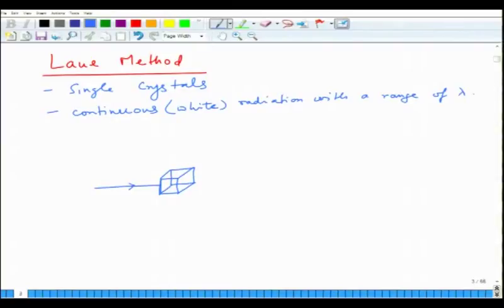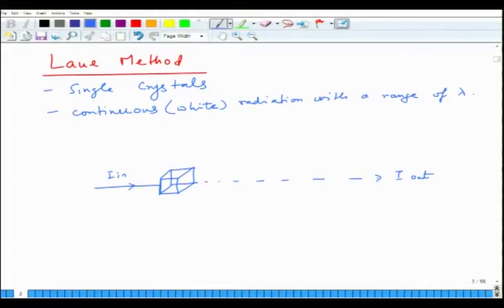Now if the beam orientation is fixed, this is I in, and this is I out. If the plane orientation is fixed, then the only planes which are going to diffract are the planes which make the appropriate angle with respect to the incident and diffracted beam, which satisfy the Bragg geometry.